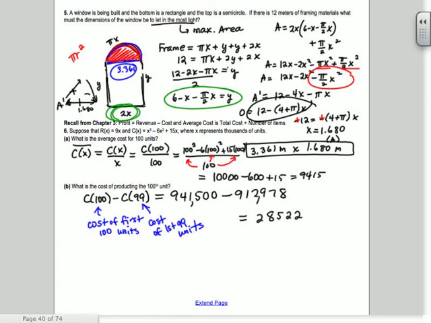That 100th item got expensive. So maybe they're paying people overtime or something like that. I don't know. They didn't have enough resources, so they had to ship some things in. Yeah, so that car is much more expensive.